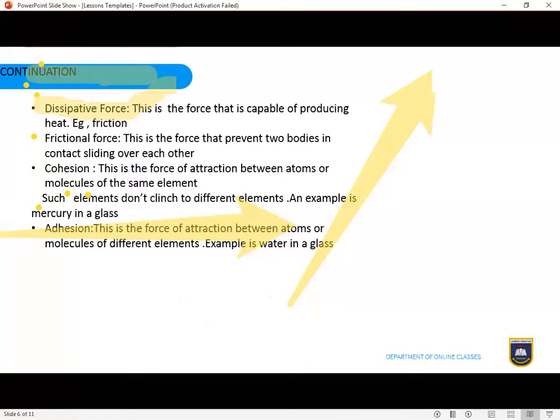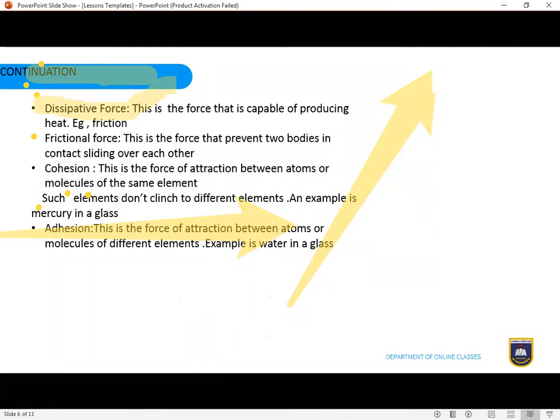There's reaction between the water particles and the particles used in making the glass. Though they are of different elements, there's a force of attraction between them. So no matter how different they are, there's still a force of attraction. If you pour water into a container and you pour it out, you see that some water particles still remain in the container. This is due to adhesion.